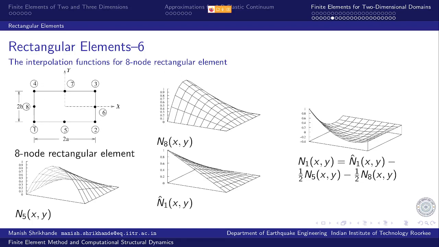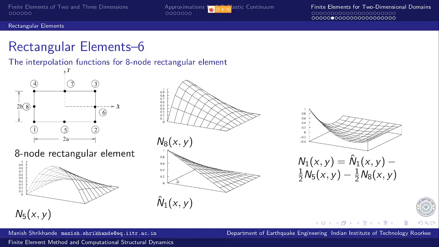So the interpolation function for 4 node quadrilateral is this bilinear, this n1 hat is obtained by linear multiplication of linear interpolation between node 1 and node 2 in x and between node 1 and node 4 in y direction, and that will give you this bilinear variation.